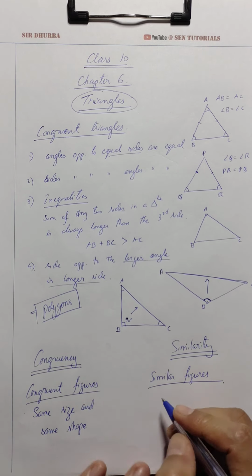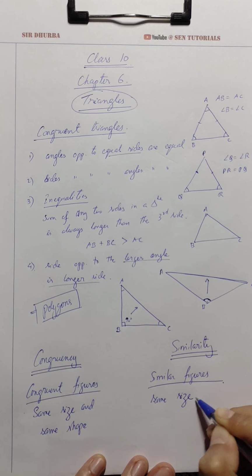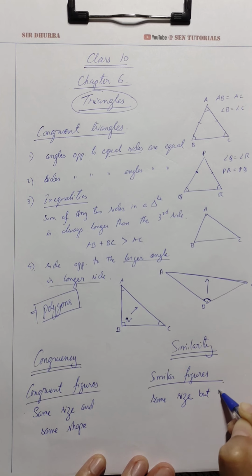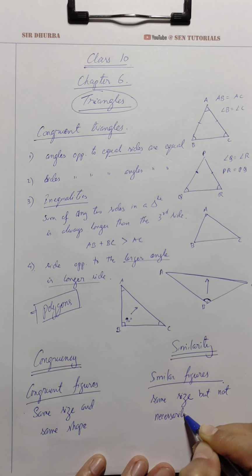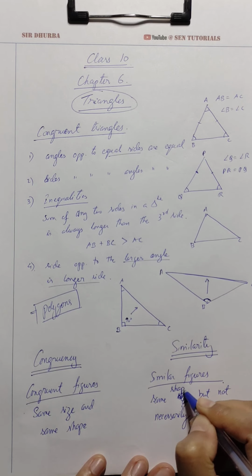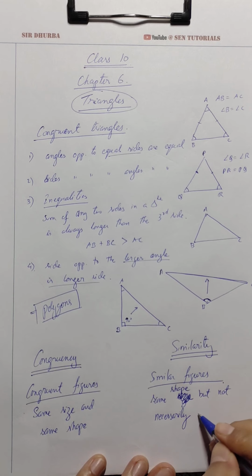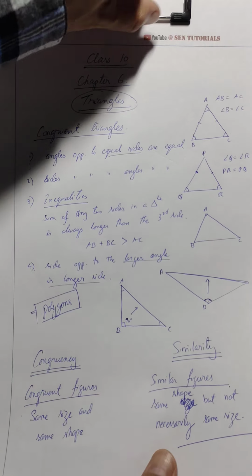Whereas similar figures, what we will be learning, should be of the same shape but not necessarily the same size. All right, confused? Definitely, but don't worry, I will clear that confusion for you.